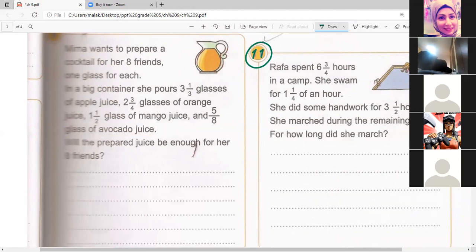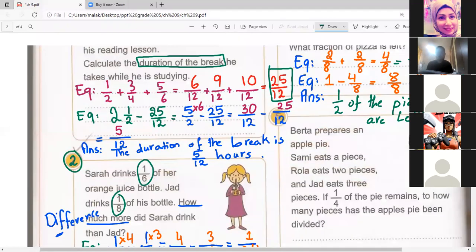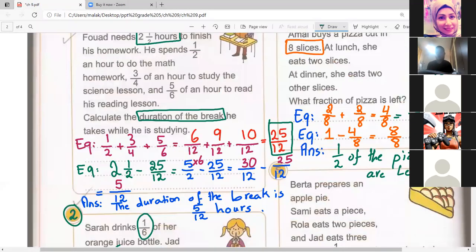Teacher, but we only have one week and the school is done.